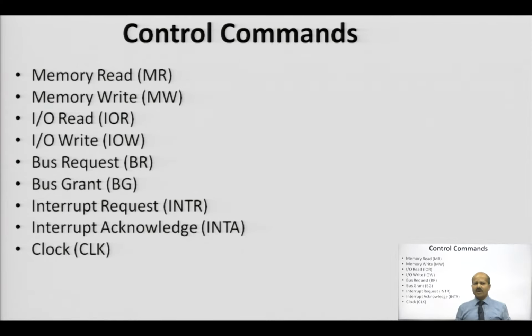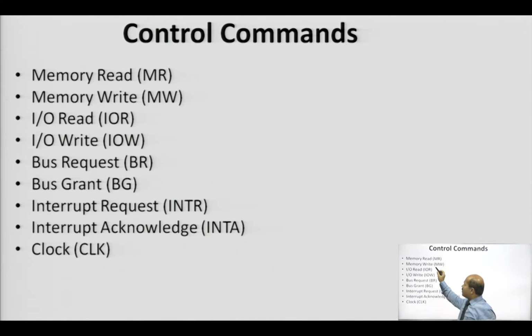These are basic commands which we generally use in our study of this course. So, the memory read command, the abbreviation used here is MR. The memory read command is basically used to instruct the memory that a read operation is to be performed, and this signal is issued by the control unit. So, whenever a read operation is to be performed, the command MR is issued.